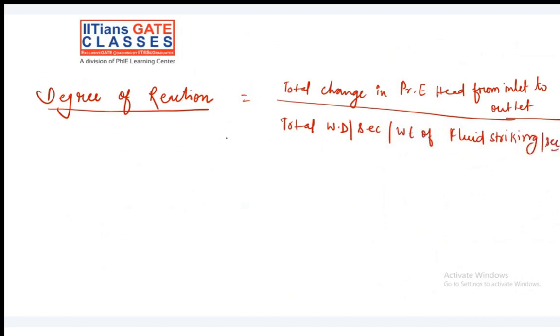Got the idea? What is the total change in the pressure head from inlet to outlet, divided by total work done per second. The total work done is done by the runner power, the rotor. So can we write this as runner power divided by m dot into g? This we have seen earlier also. So work done per second, we know how to find out.